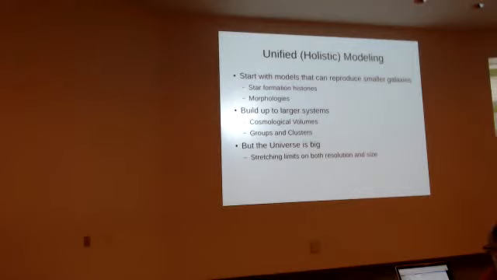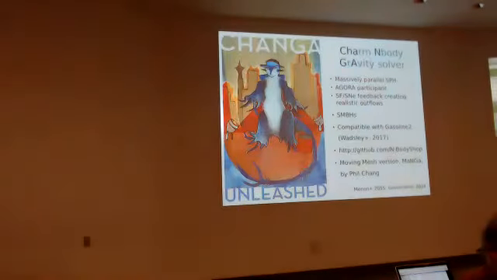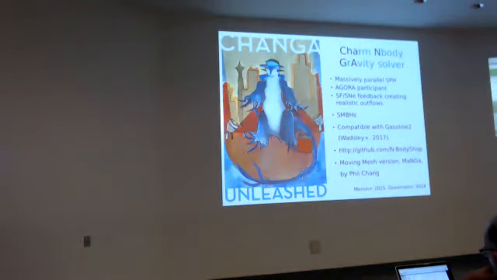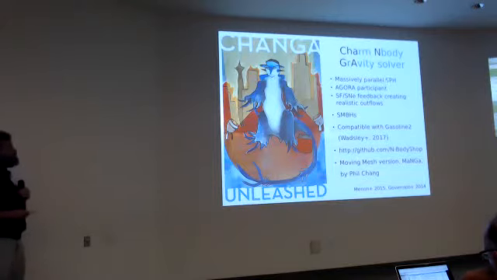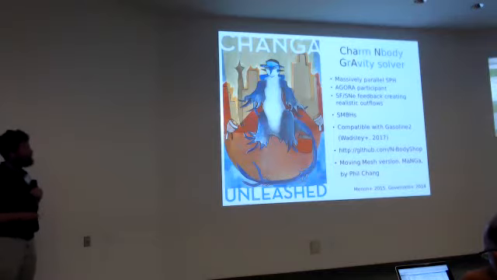But the other thing that helps is having an efficient code. You've seen this slide before. Thank you again, Ji-Hoon. James has just put out a paper with updated SPH in Gasoline, and ChaNGa includes that.